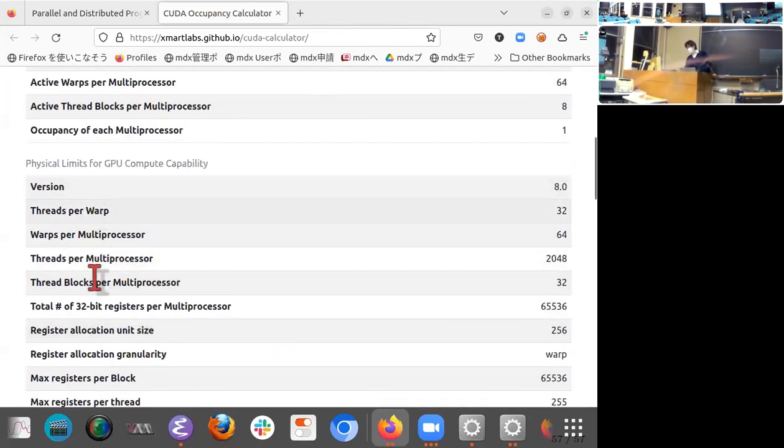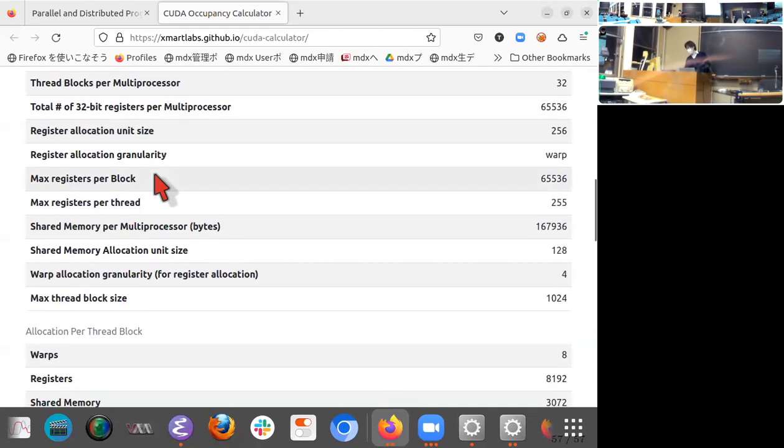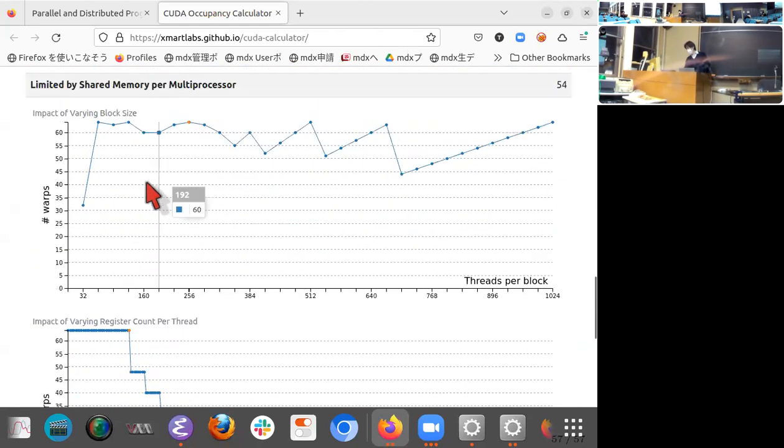It talks about the hardware limitations of the GPU device. But the interesting thing is this. You change the thread block size from 32, 64 all the way up to 1024. And this is the number of warps that are simultaneously running. Of course, it is at best 64.